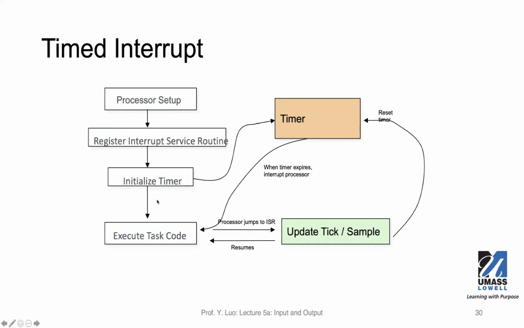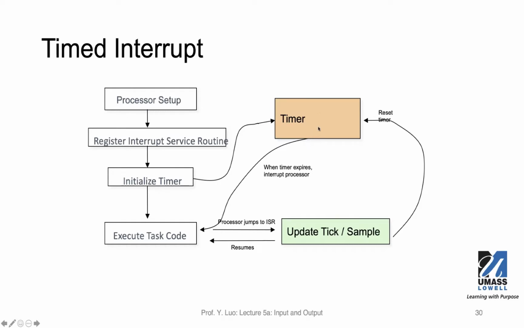And the next thing, for the main task, the next thing the microprocessor is supposed to do is to execute the task code. So this is the main function you are operating. On the right side, you can think of this as the hardware timer unit, which will be counting the time ticks based on the time elapsed of your timer that you configured here.